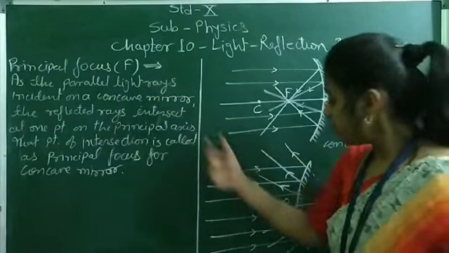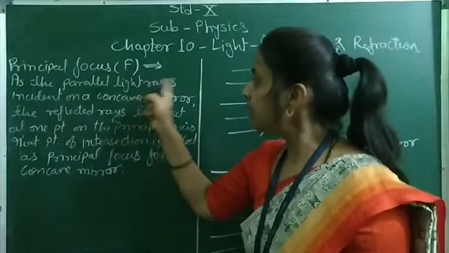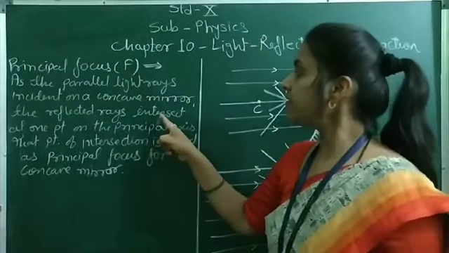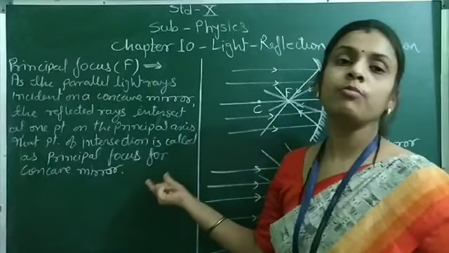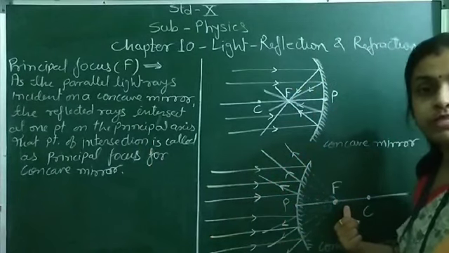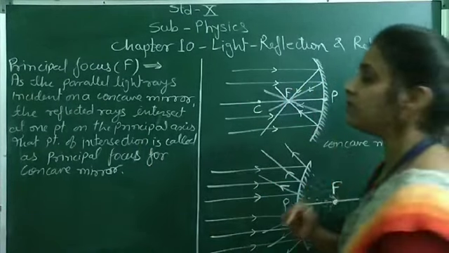So for a convex mirror, as parallel light rays are incident on it, the reflected rays appear to come from one point on the principal axis, and that point is called the principal focus.